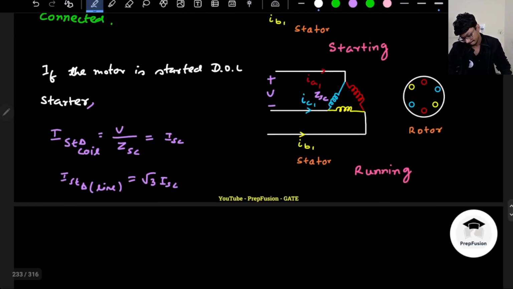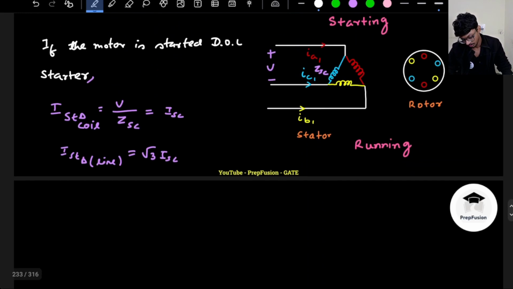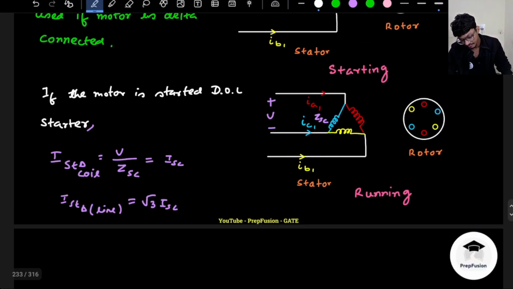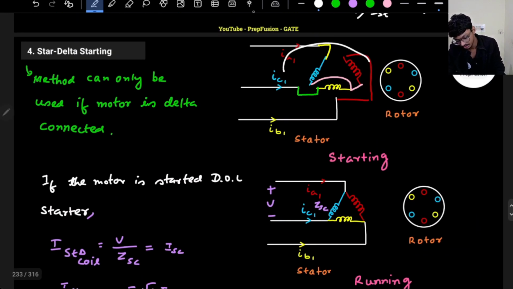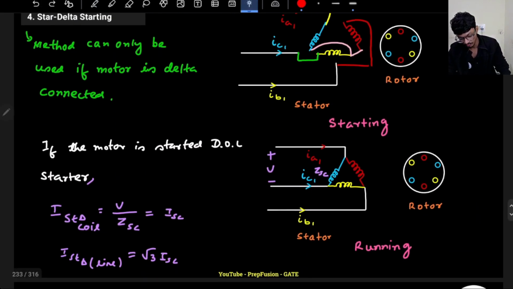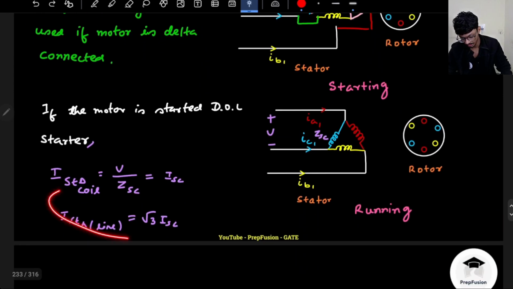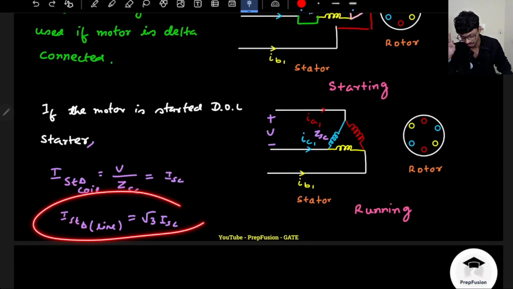Now let's discuss what happens if we start using star connection instead of delta. This is the full load condition: if I did not have any star delta starter, this would have been the supply current.